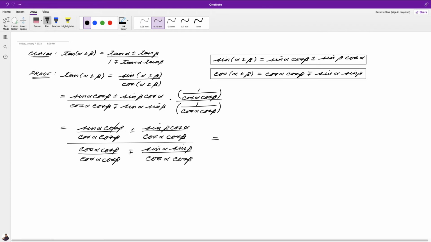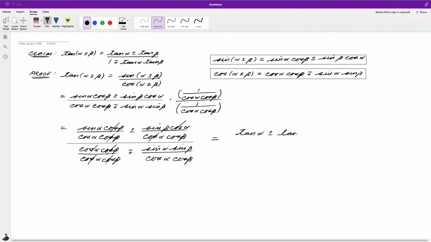Well, cosine beta over cosine beta, that is 1, so that's going to cancel out. Cosine alpha over cosine alpha is also 1. These are all going to cancel out to make 1. And we're going to clearly have sine of alpha over cosine of alpha, which is equal to the tangent of alpha, plus or minus. Now we've got sine beta over cosine beta.